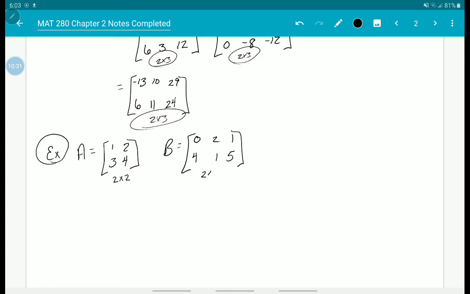B is a 2 by 3 matrix. So look what's going on. Notice that the number of rows in B and the number of columns in A are the same. Those inside dimensions have to match in order for matrix multiplication to be defined. And what's going to result will be a 2 by 3 matrix.